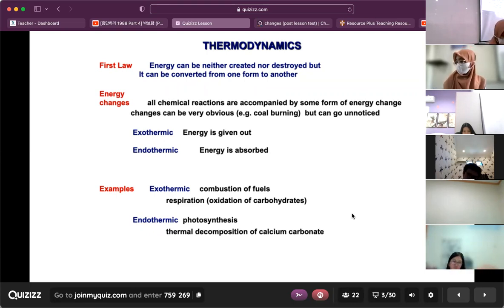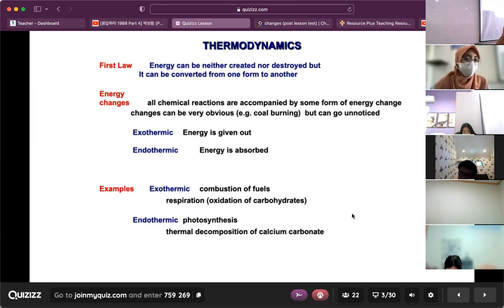What are energy changes? So energy changes, you know, in secondary, exothermic and endothermic. When we are talking about exothermic and endothermic, what does it mean? Energy is given out, and for endothermic, energy is absorbed.